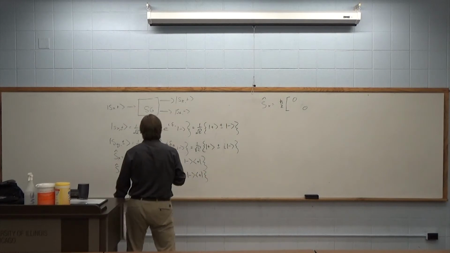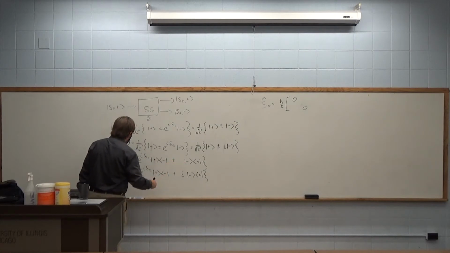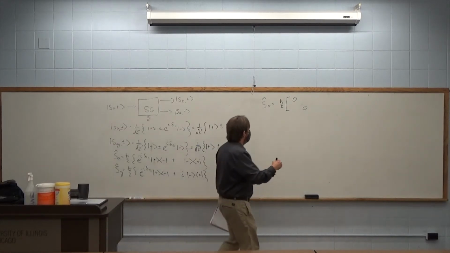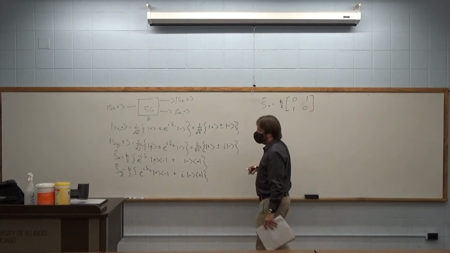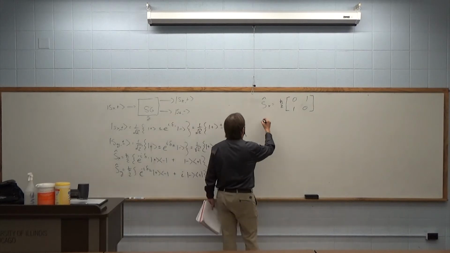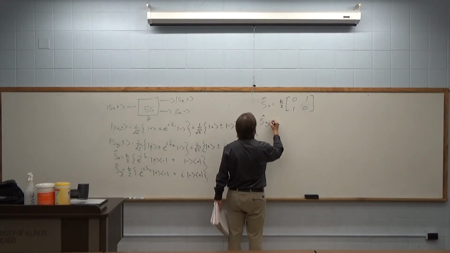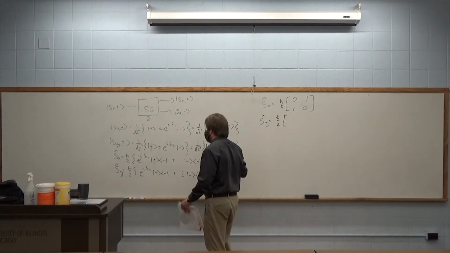I'm not quite sure which one's which. I think this would be lower left and that's upper right, I think. Although I have to admit I'm a little blanked out, because I put the h bar over 2 up front. There we go. That's Sy. And let's see here.